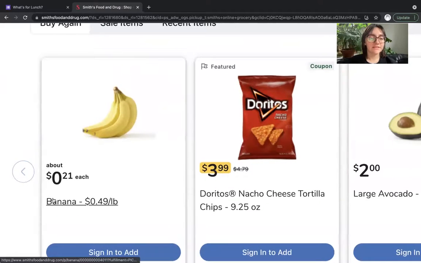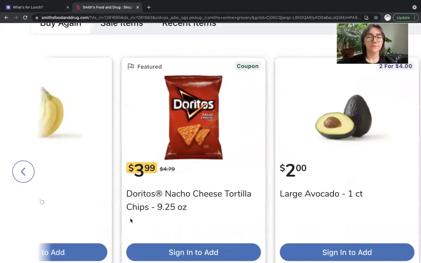These bananas say about 21 cents each, but the real price is 49 cents a pound, right? This one is $3.99 for Doritos nacho cheese tortilla chips, but it's for a 9.25 ounce bag.